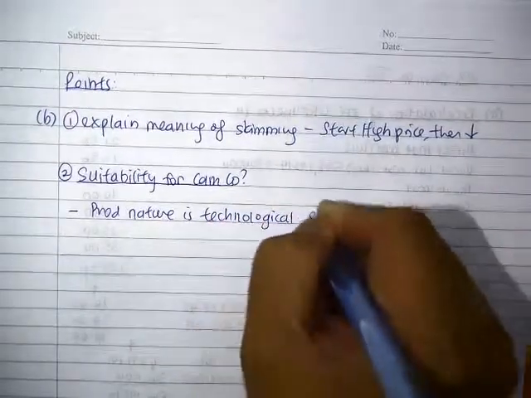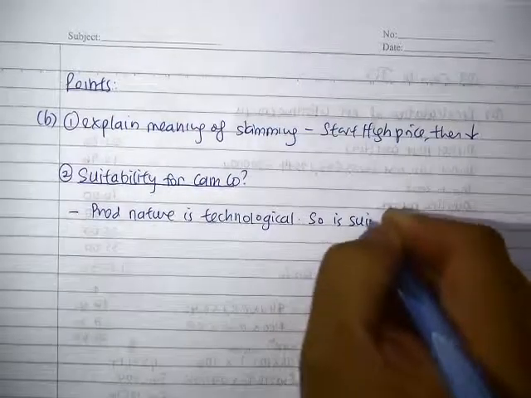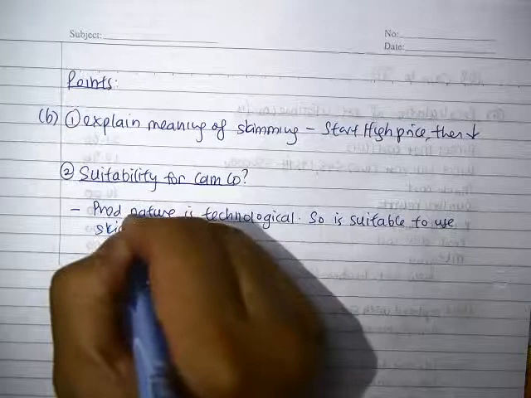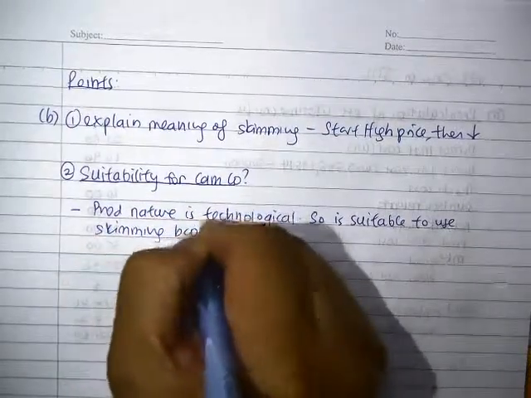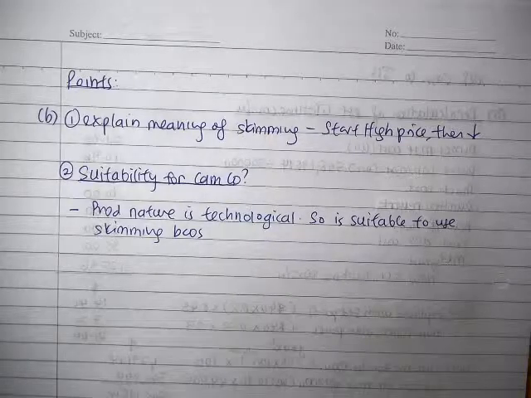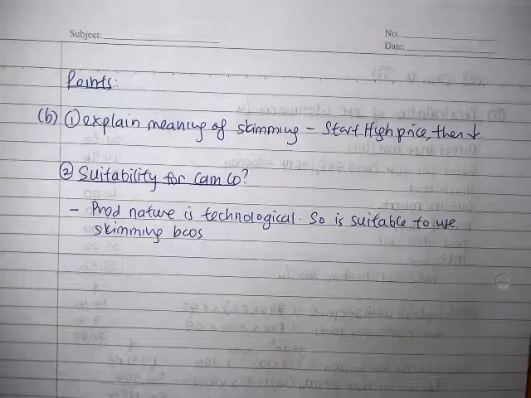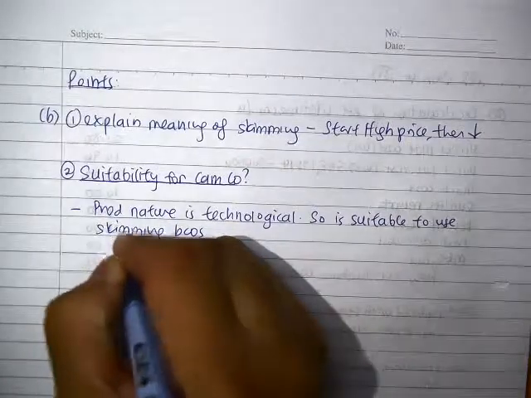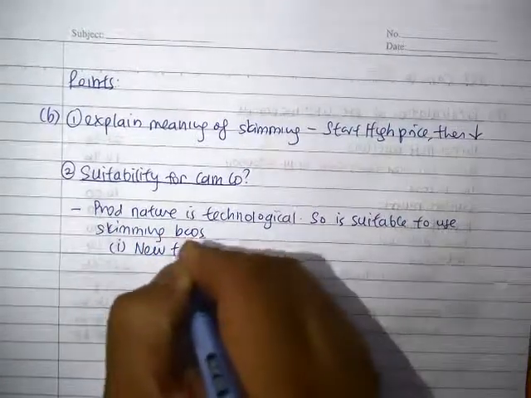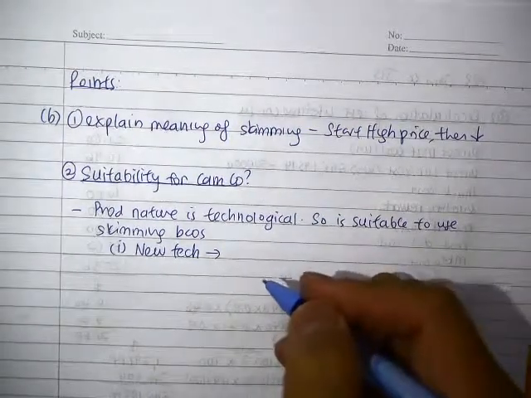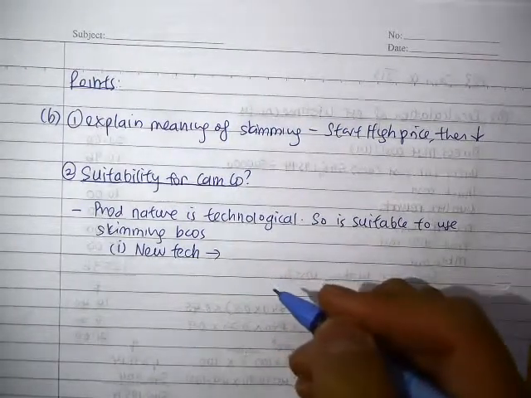so it's suitable to use skimming. Because why is it suitable to use skimming if the product is technological? Now there are a few points that we can bring in here. Number one, if you have new technology, you can demand a price because you have something people don't have.